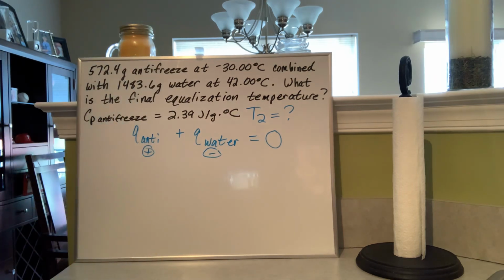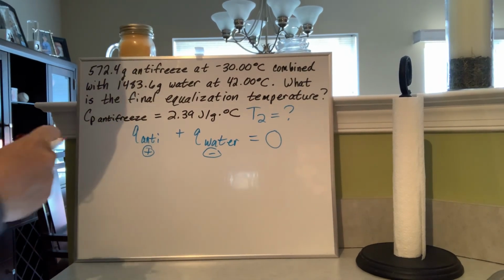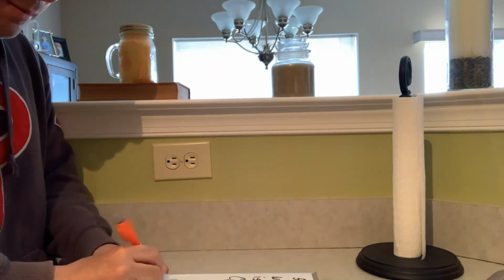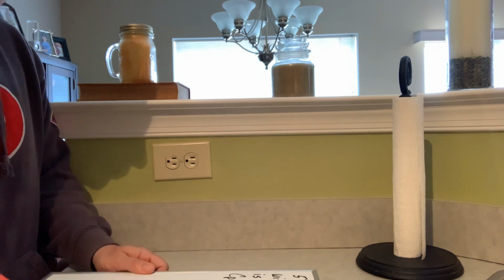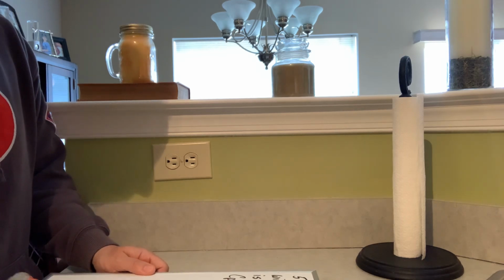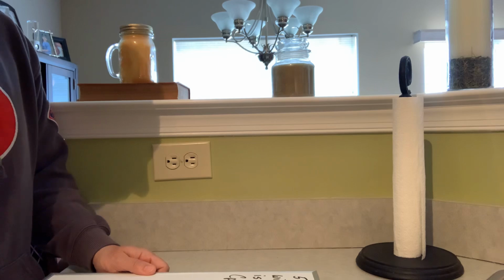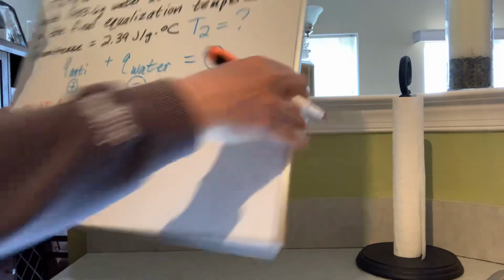And what we know about our Q values, at least that I tried to explain to you the other day, is that Q is just M times delta T times Cp for the antifreeze, and M times delta T times Cp for the water.